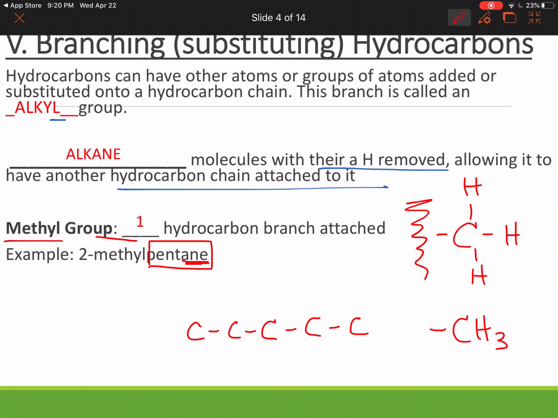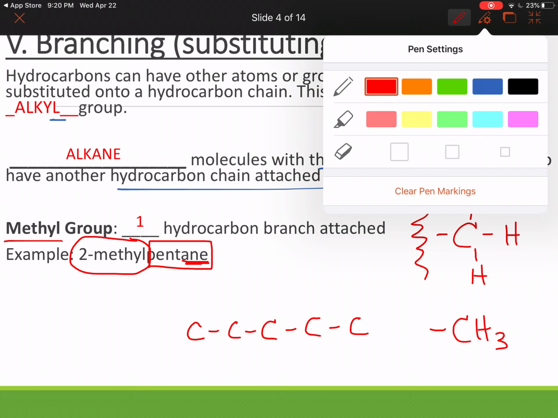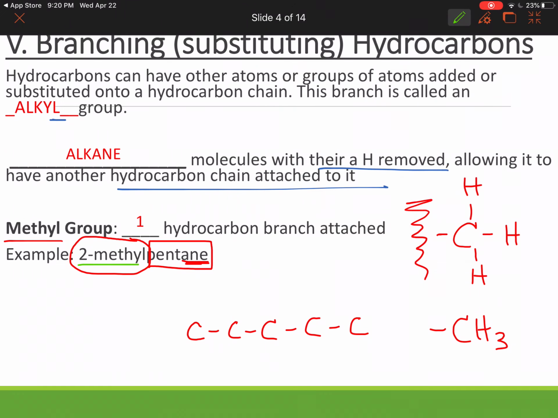And then we have this 2-methyl. This 2-methyl is basically saying, hey, on carbon 2, I want you to add this methyl group. Okay, so what's methyl? Well, methyl's CH3, so 1 carbon. And where are we going to put it? We're going to put it on carbon 2. When you draw molecules, you're allowed to place it on whichever 2 you feel.